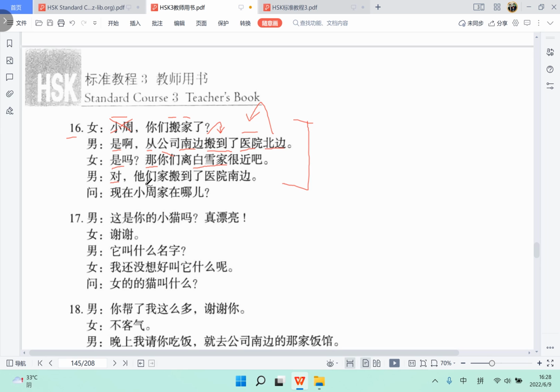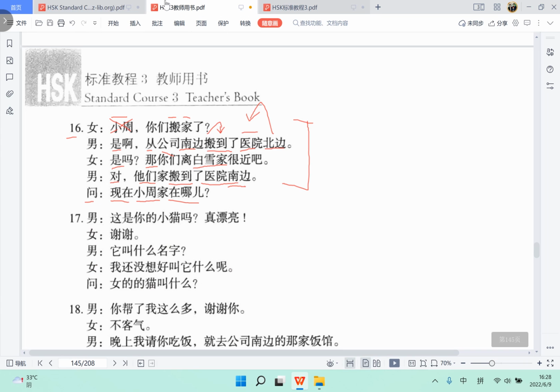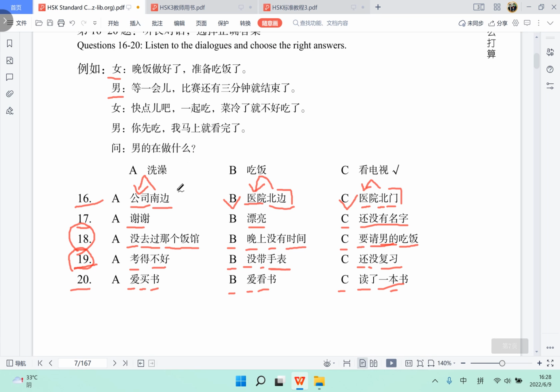对, yes. 他们家搬到了医院南边。So their home moved to the south side of the hospital. So the question: 现在小周家在哪? So where is 小周's family now? So for this kind of long conversation, and it's HSK3, so it's not that difficult. Normally for HSK1 and HSK2, what you hear is just the detail they're going to test you on.